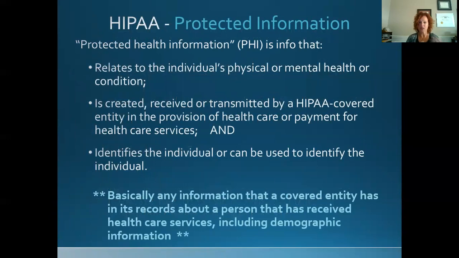The information that is protected under HIPAA is referred to as protected health information, or PHI, and it's information that relates to the person's physical or mental health or condition that is created, received, or transmitted by one of those HIPAA-covered entities in the provision of healthcare or payment for healthcare services, and that identifies the person or can be used to identify the person.